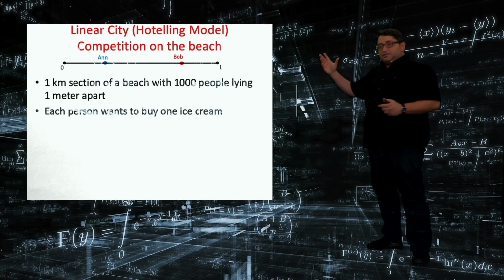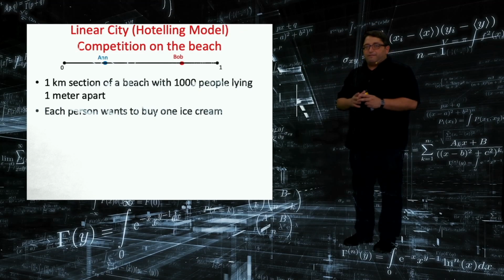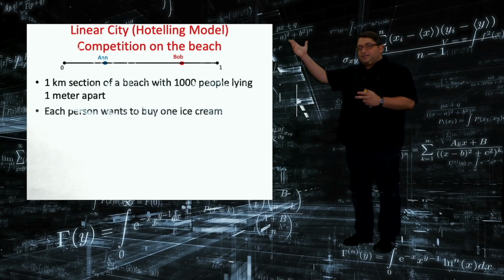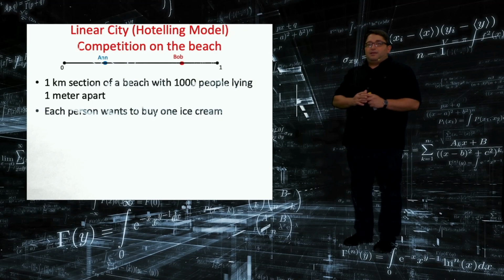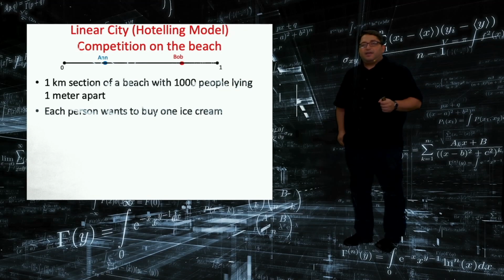Ann is closer to 0, say at meter 250, and Bob is at 750. And I will argue that neither player plays the best response. Starting with Bob. Is Bob playing a best response?